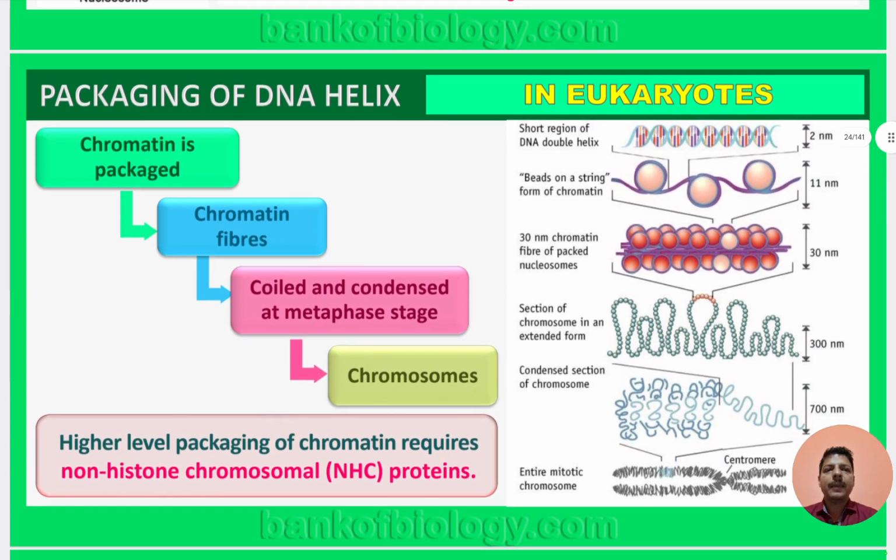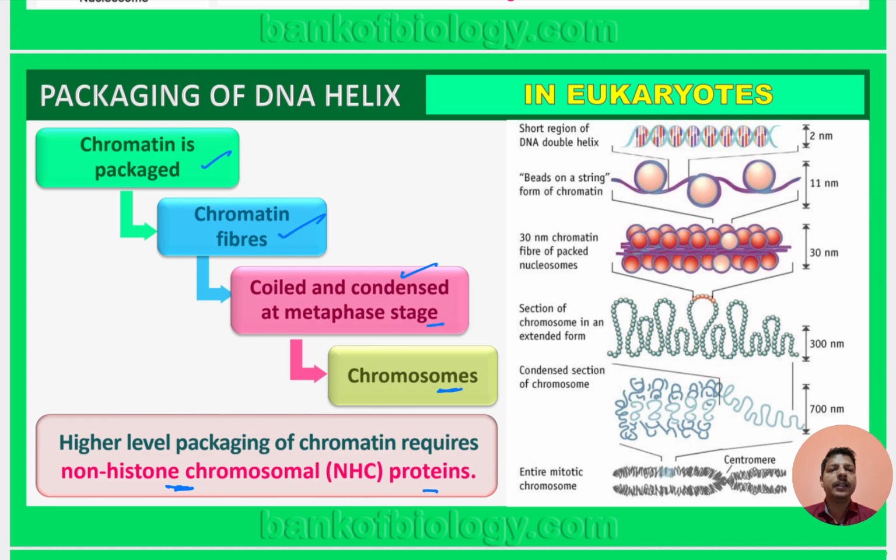Then in eukaryotes, chromatin fibers are formed, coiled and condensed at the metaphase stage, and chromosomes are formed. Higher level packaging of chromatin requires non-histone chromosomal proteins. If the chromatin requires a more complex structure, non-histone chromosomal proteins are present there.